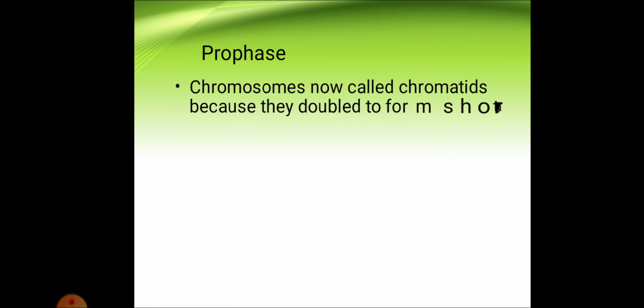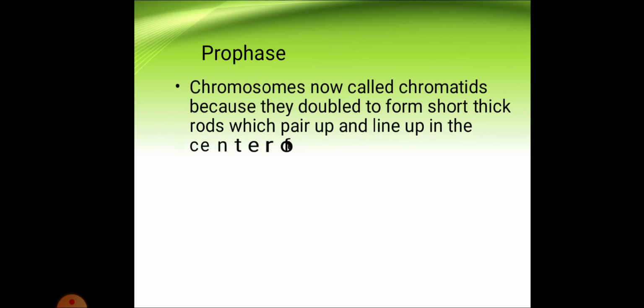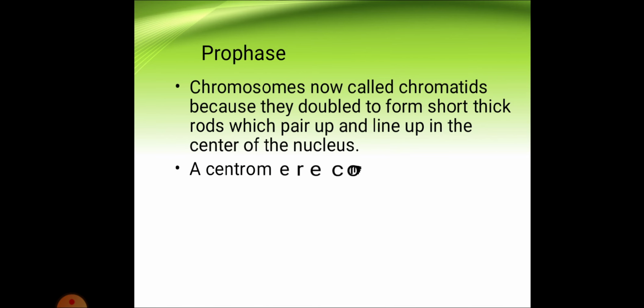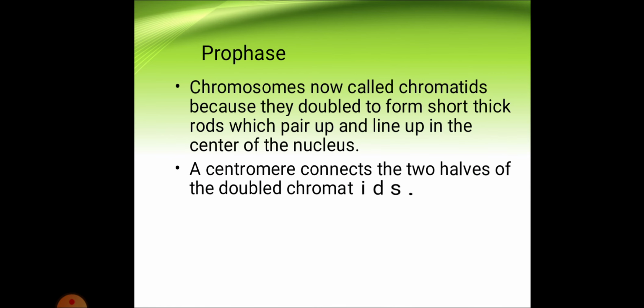For our first step of mitosis is the prophase. What is prophase? Chromosomes, now called chromatids, because they double to form short rods which pair up and line up in the center of the nucleus. A centromere connects the two halves of the doubled chromatids.